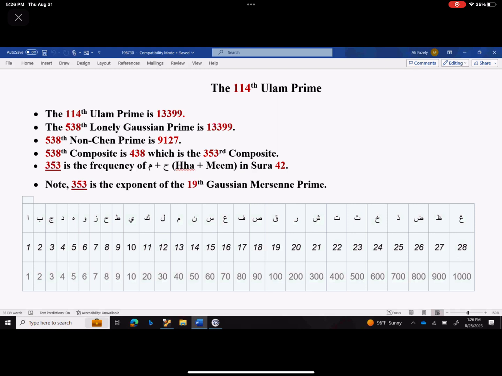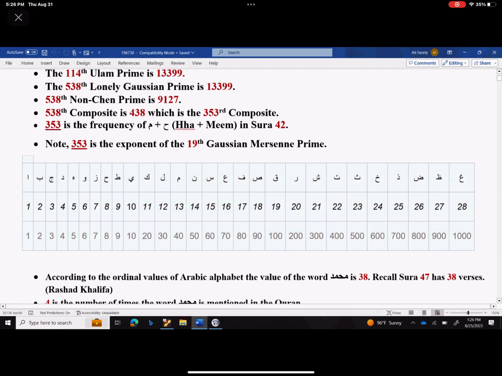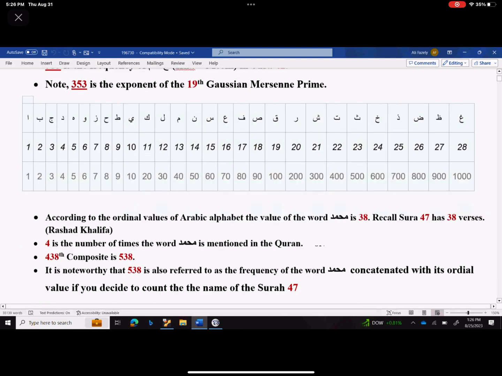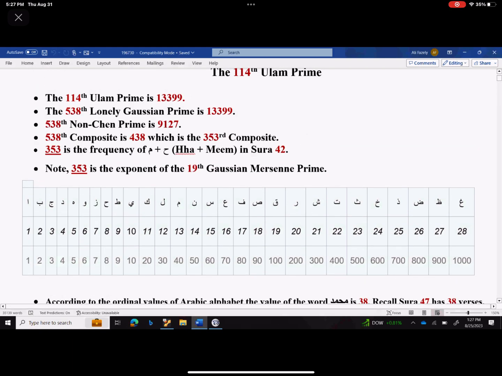Okay, so we go down here, and according to the ordinal value of the Arabic alphabet, the value of the word Muhammad is 38. Recall that chapter 47 has 38 verses, and Rashad Khalifa found this out a long time ago. But look at 438. I talked about this before, but it's very important.